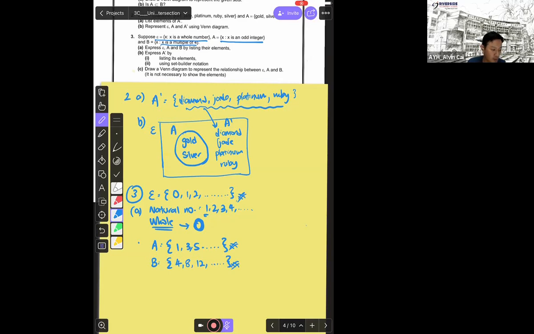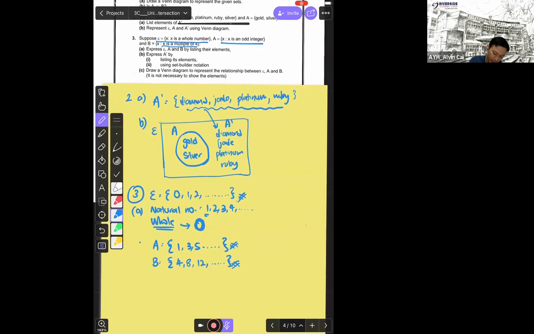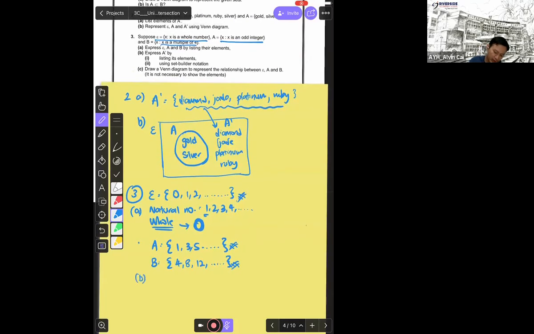All right. Okay, so part B. We are supposed to express A complement. So there are two ways that they want us to list down. First up, we are supposed to list down the elements of A complement. So A is 1, 3, 5. So A complement, if you look at this A, basically it's odd numbers, right?